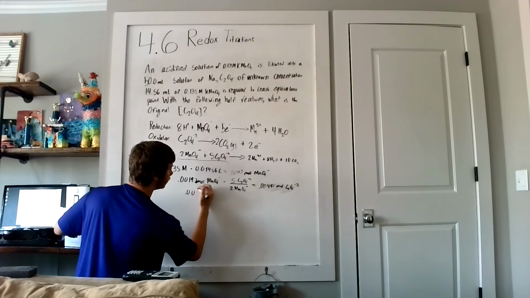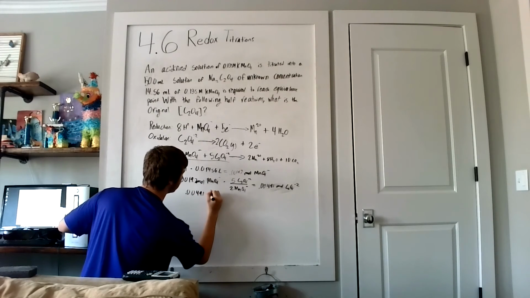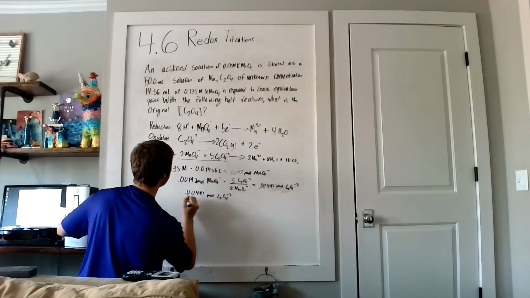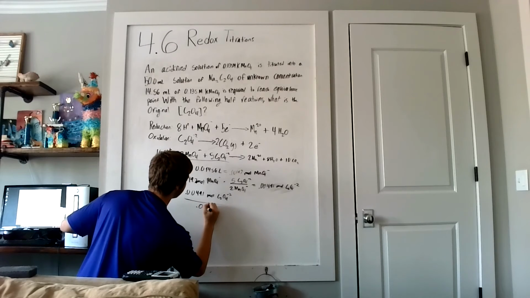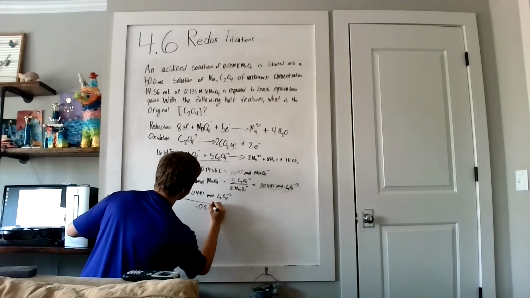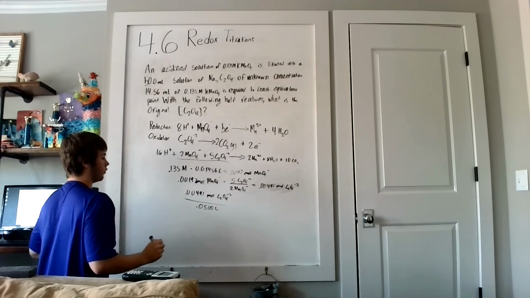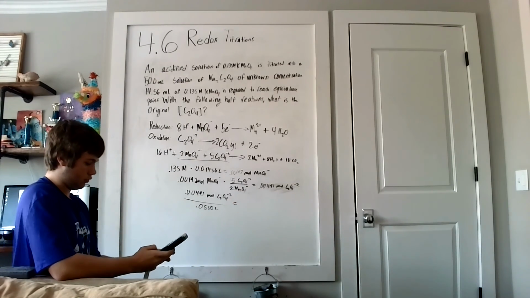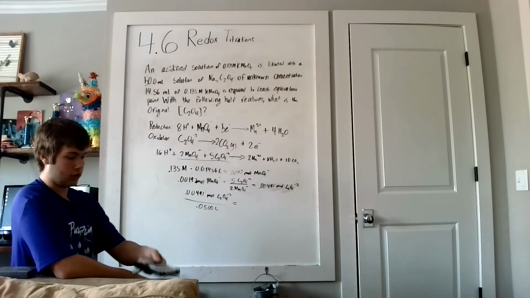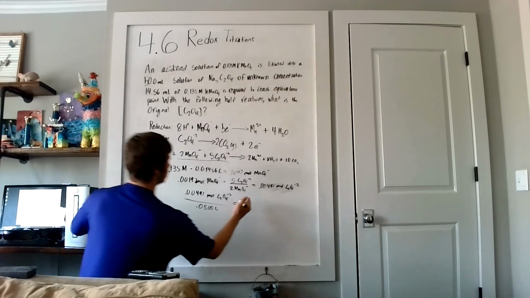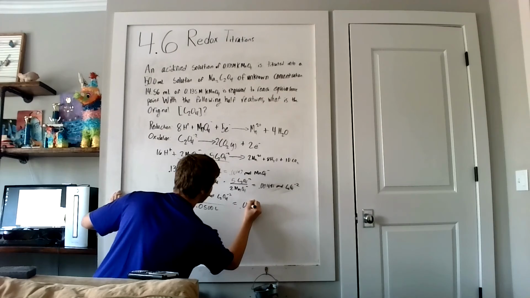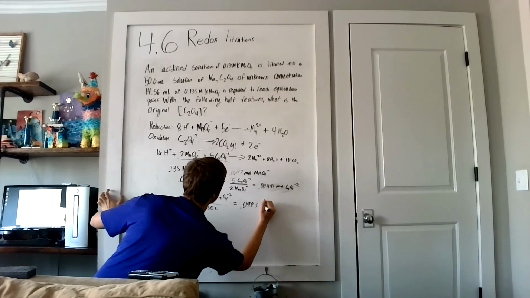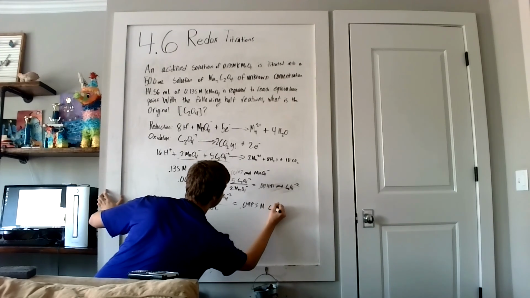So 0.00491 mole C2O4 2 minus over 0.0500 liters. And that gives us 0.0983 molar C2O4.